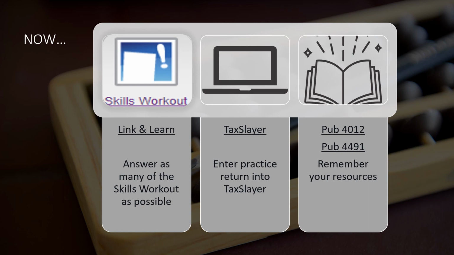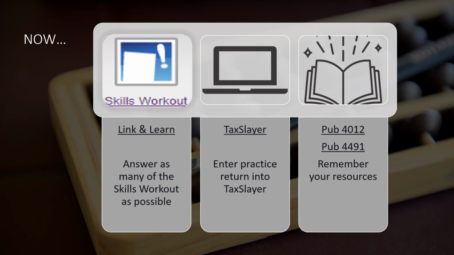If you are not just a volunteer, but you are also in the Accounting 496 class, instead of doing the skills workout, you will have a quiz in Canvas with similar kinds of questions. And then in TaxSlayer, there's going to be a practice return, so give it a try. For the Accounting 496 students, we will be doing that TaxSlayer practice in class together.